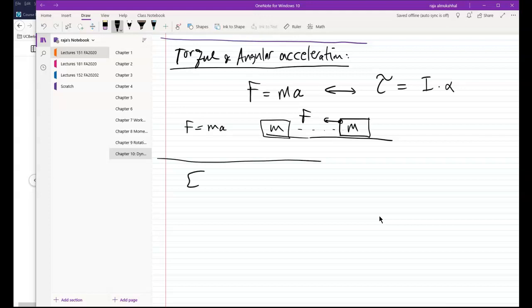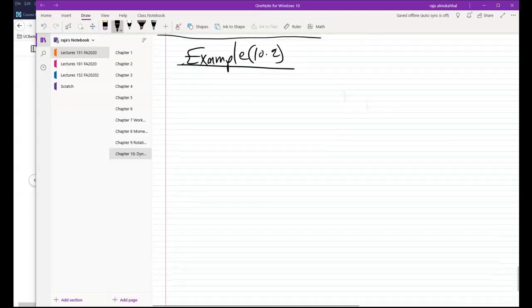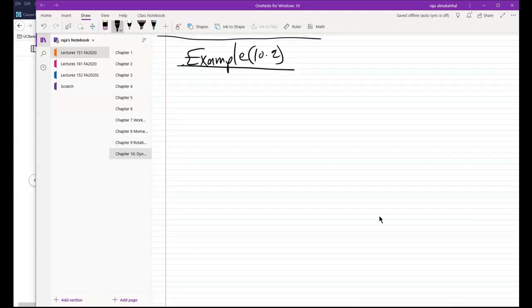So we have example 10.2. Let me draw it. You get this disc or cylinder, drum, there's a million names to it, and it is situated like this. And then you have a force, and this force is equal to 9 Newton.